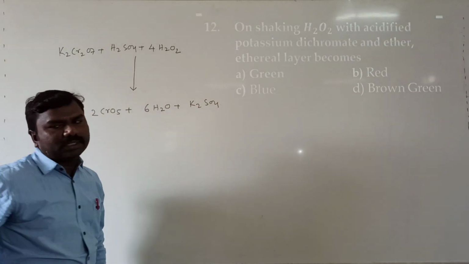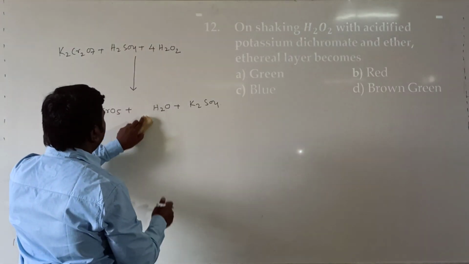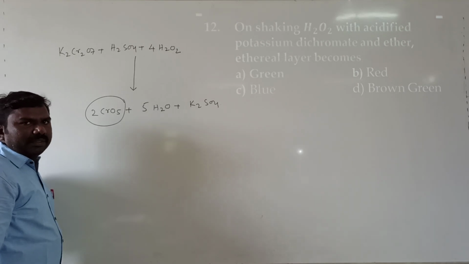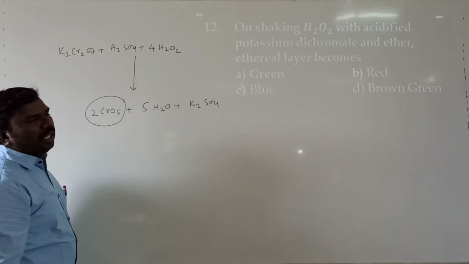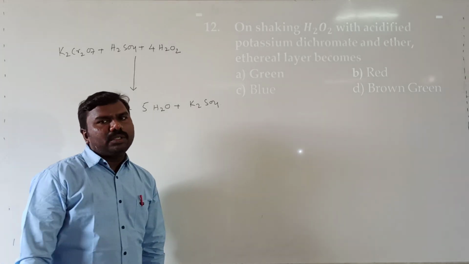This is the balanced equation. Chromium pentoxide, CrO5, is dissolved in ether solution, then forms a blue color solution.